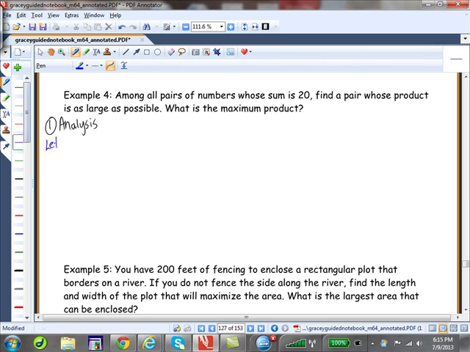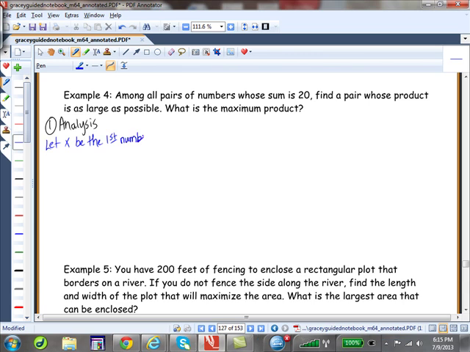So here we go. Why don't we let x be the first number, and we can let y be, let's not use y. I don't want you to get confused. Why don't we just let z be the second number? Now, let's see.